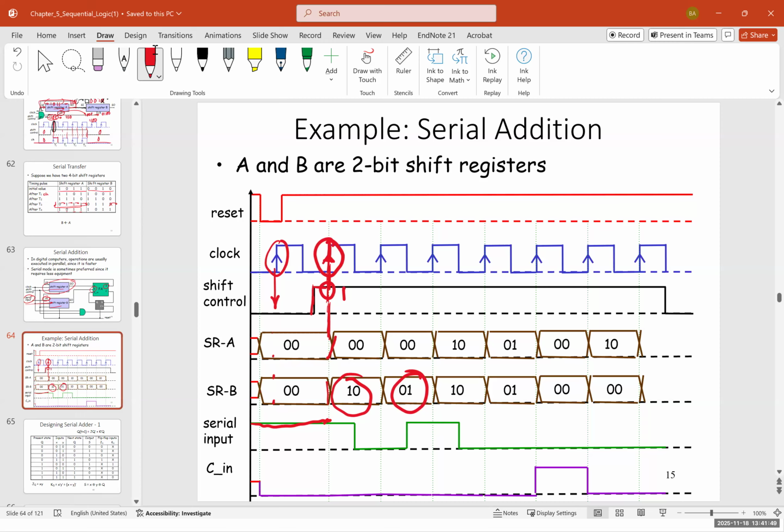Again, we have nothing added to that here, but now serial A is 1, 0. And if I add 1, 0 to 1, 0, then I will have 0, 1 in one register and 0, 1 in the other. And 0, 1 plus 0, 1 would give us, again, 1, 1. And then 1, 1 would set back to 0, 0.